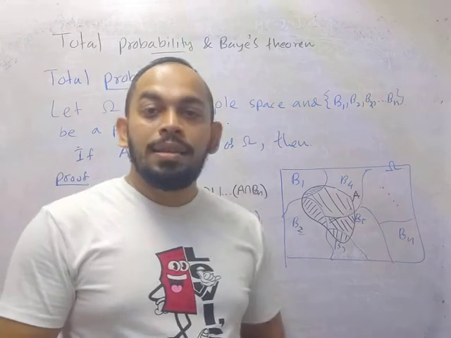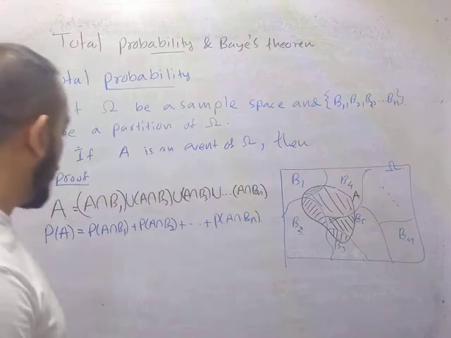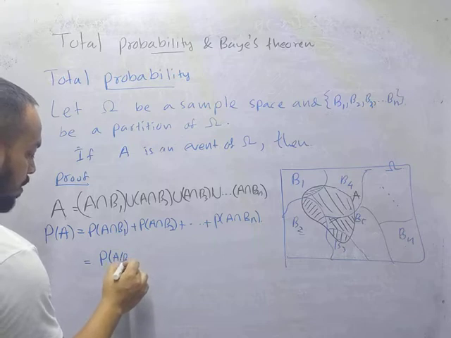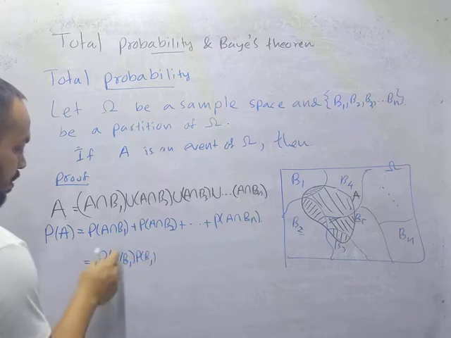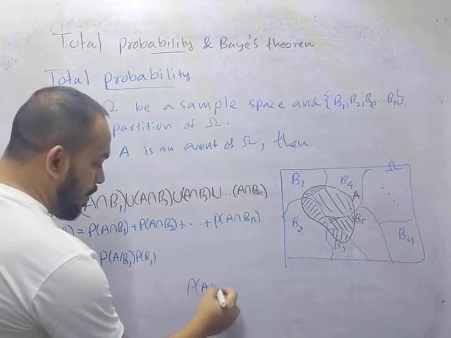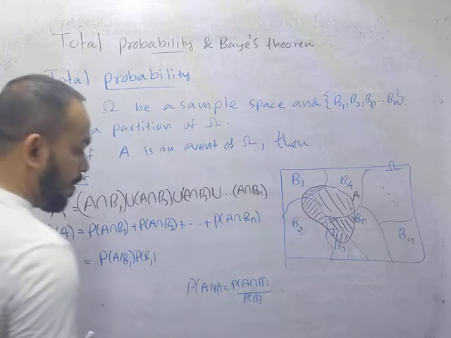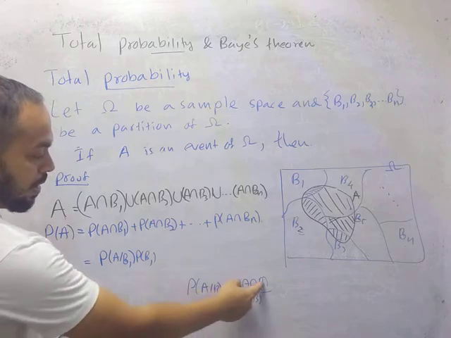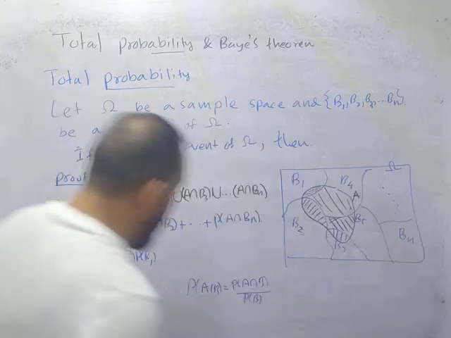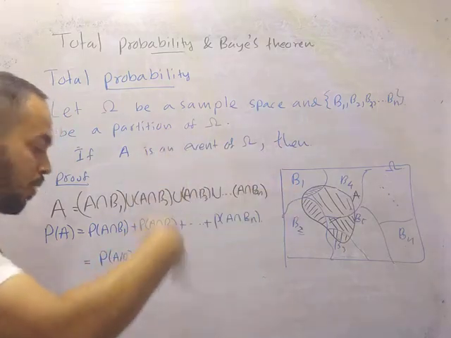From conditional probability we know that A intersection B1 equals probability of A given B1 times probability of B1. Remember, conditional probability: A given B is equal to probability of A intersection B divided by probability of B. Cross multiplying, the intersection can be written as P(A given B) times P(B).